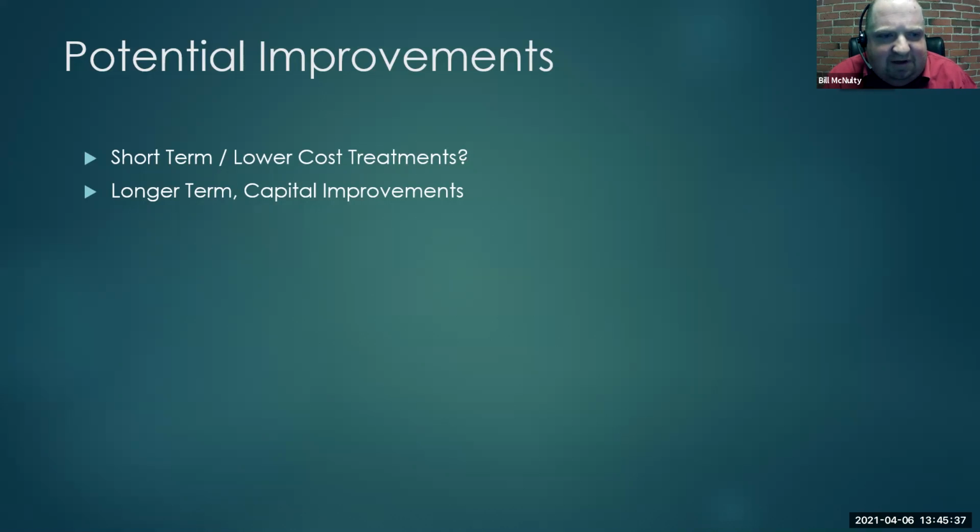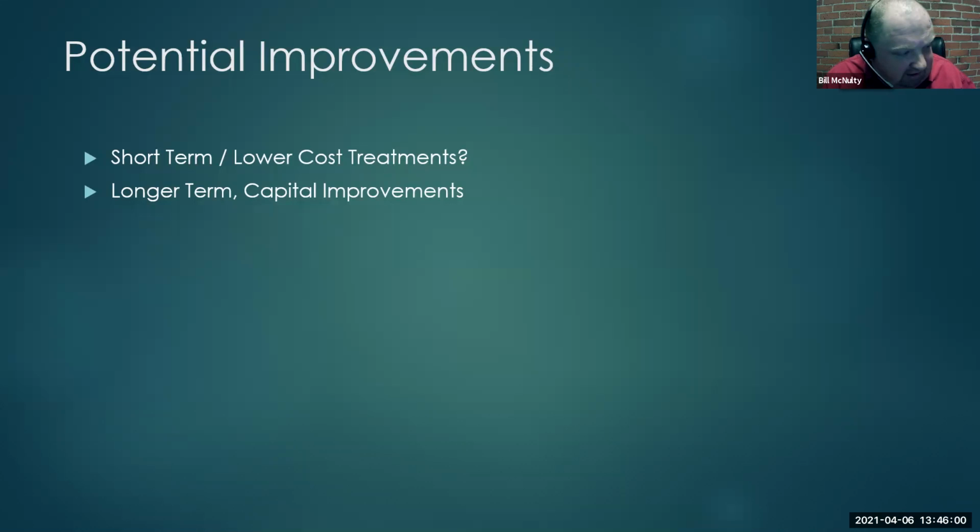We'll send out a draft report with all of the background data that I went through, plus all the comments that we discussed today, and you'll all have an opportunity to review that and send comments back, and then we'll finalize and go from there.